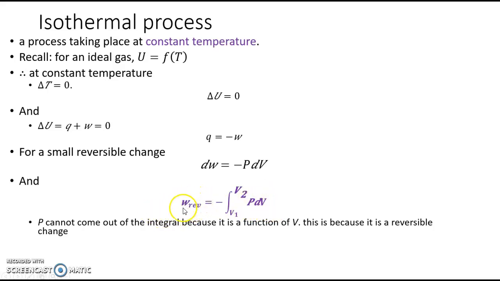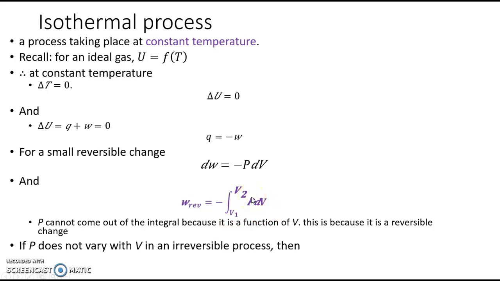Because it's a very slow process, and in a slow process the properties of the system are not changing much, P cannot come out of the integral. It's not a constant of volume.